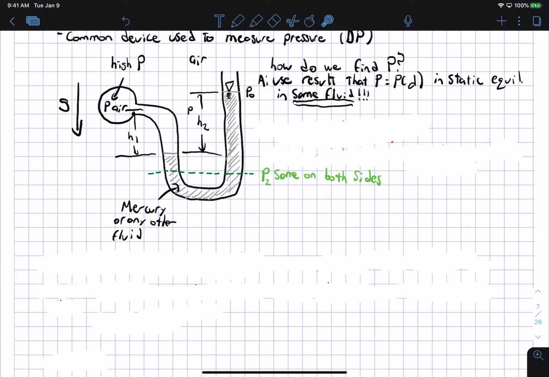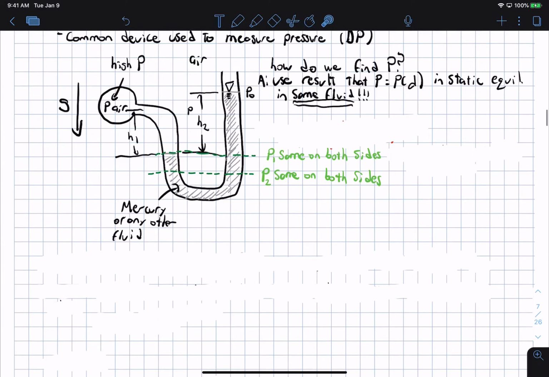We can apply the exact same logic to this interface, right there between the mercury here and the air here. We could make the argument very easily that the pressure, we'll call it some P1, over here is also the same on both sides, because we are right on the interface between the mercury and the air here. However, that argument that I just made does not hold if you cross a different fluid.